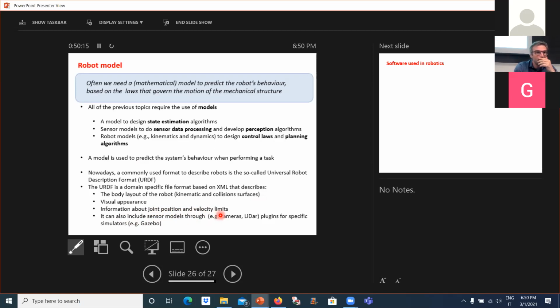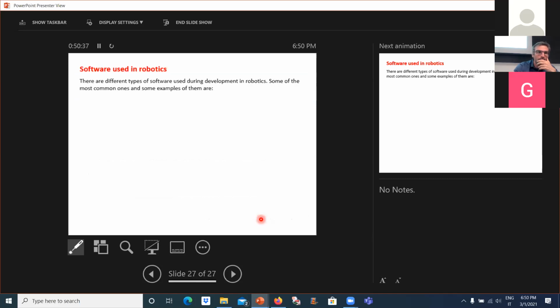And you can also add sensor models, for example, cameras, lidars. Say I want to locate the camera in front of my end effector. I include a URDF model, and you, in essence, import the model of the camera inside the model, and you can simulate that. The software that are mostly used in robotics, there are many.